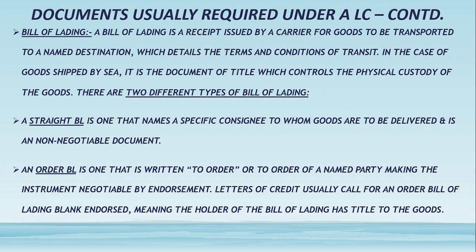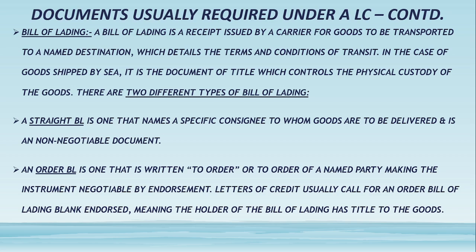Bill of lading. This is one of the most important documents required under an LC. If you are transporting by sea, a bill of lading is a receipt issued by a carrier for goods to be transported to a named destination, which details the terms and conditions of transit.